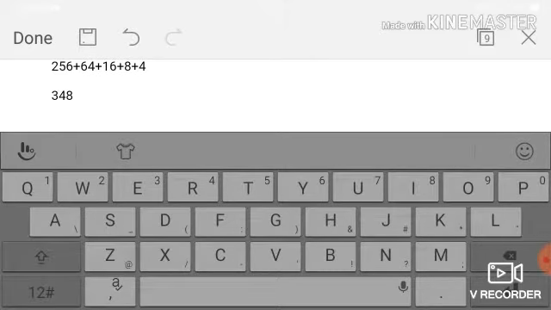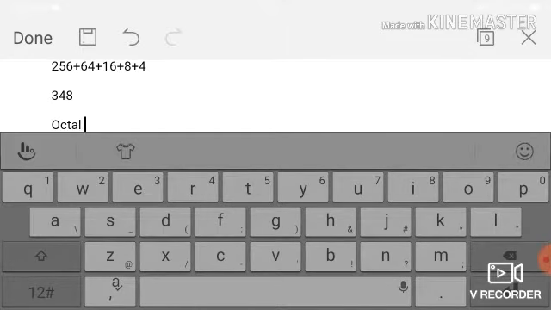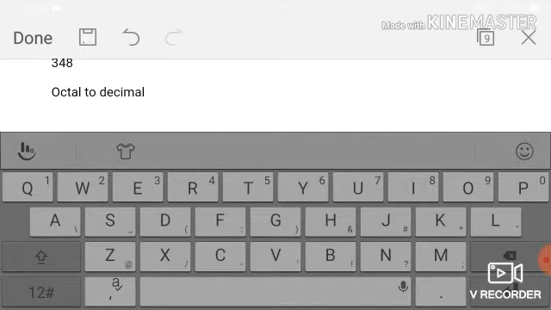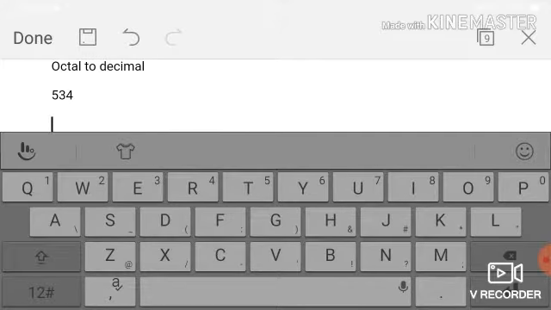So for octal to decimal, we're going to use 534 base 8. So we're going to multiply this by 8 because octal is base 8. Each digit should be multiplied by 8 with the exponent.